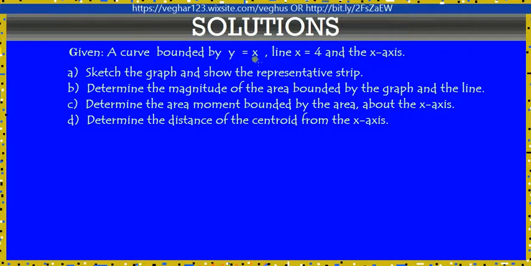Your area will be between this graph line and the x-axis. Because it's a straight line, I'll do it quickly and explain it.